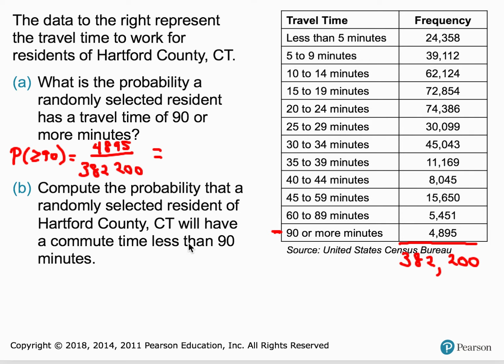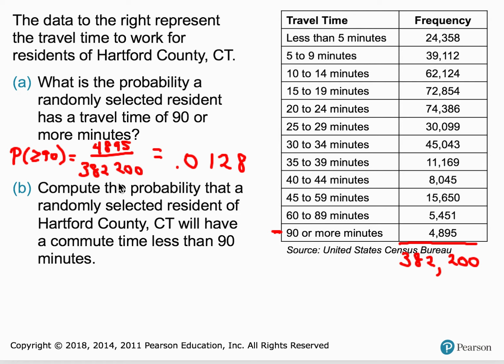All right, so then 4,895 divided by 382,200. And let's round to 4 decimal places, 0.0128. Now, once again, if you just need to leave your answer in fractional form, your calculator will simplify this fraction for you.